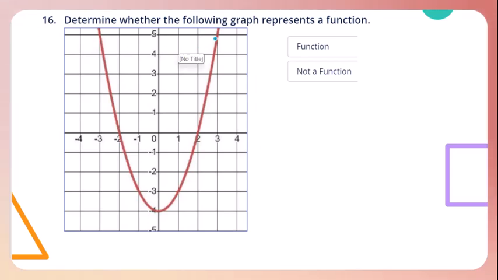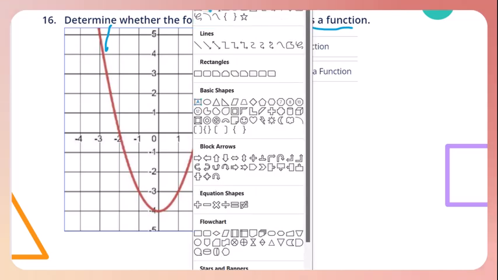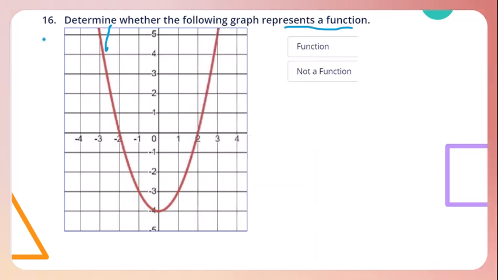All right, determine whether the following graph represents a function. So we're going to use that vertical line test, and let me just go and get a vertical line before I embarrass myself. All right, and draw that vertical line. Let me try it again.